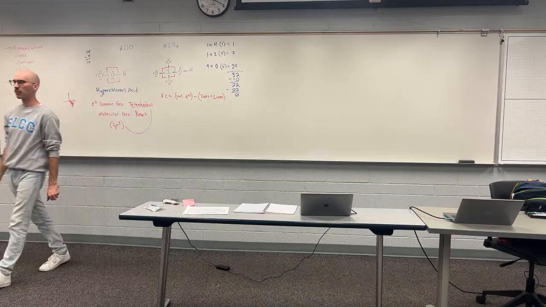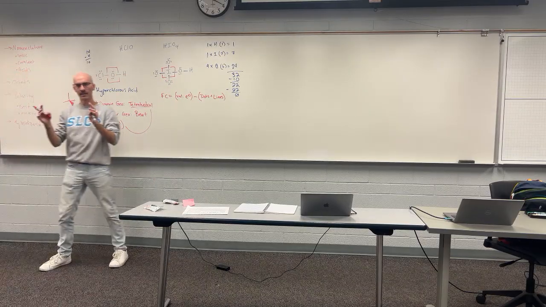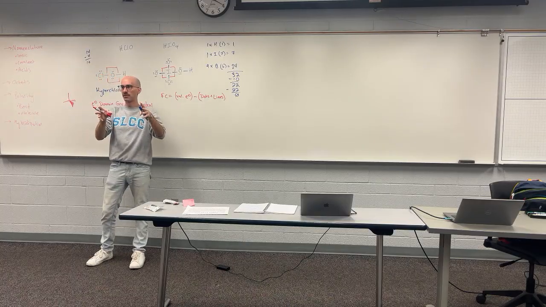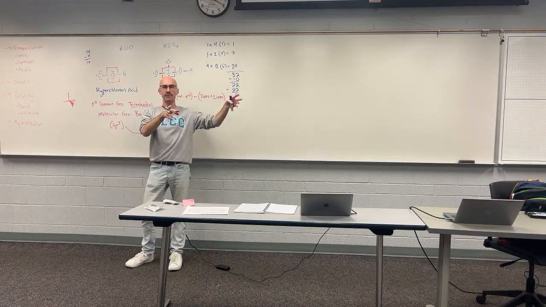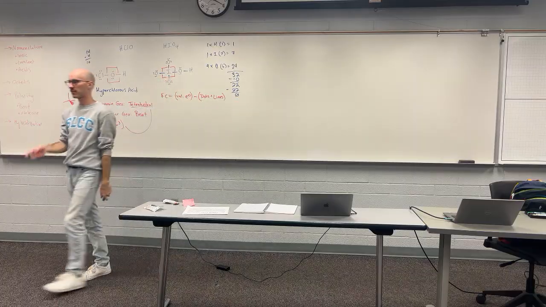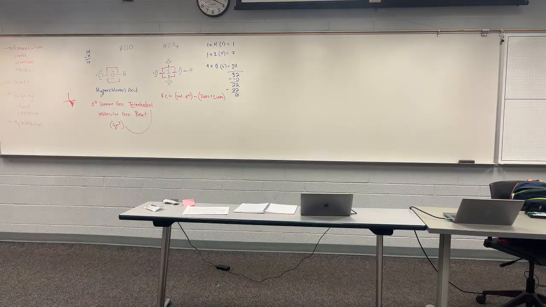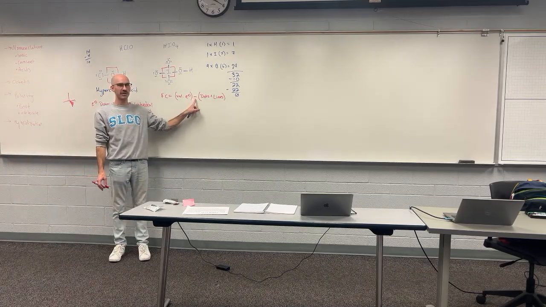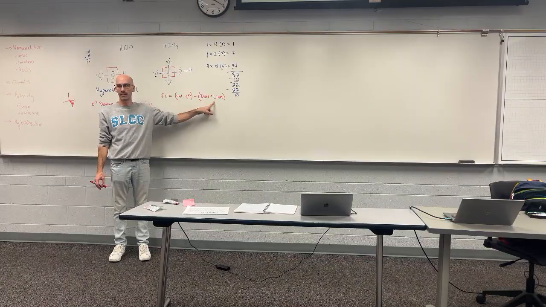I want to say the equations sheet might say it different, and it might say valence electrons minus non-bonding electrons minus half of the bonding electrons. Is that how it says it, Brian? It says number of valence shell electrons in the free atom minus number of lone pair electrons minus half of bonding electrons. Which, for those of you that love math, that's just distributing this negative sign into the parentheses.